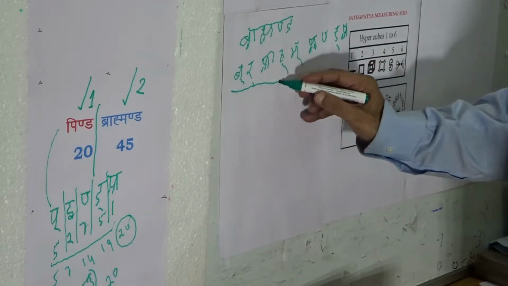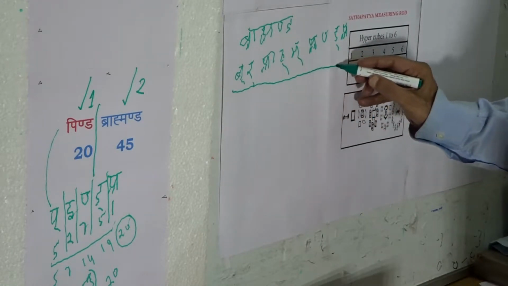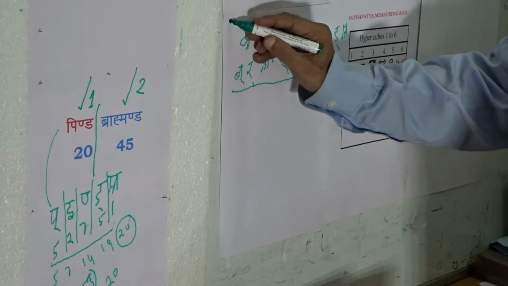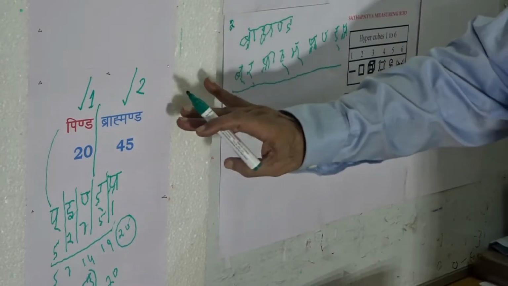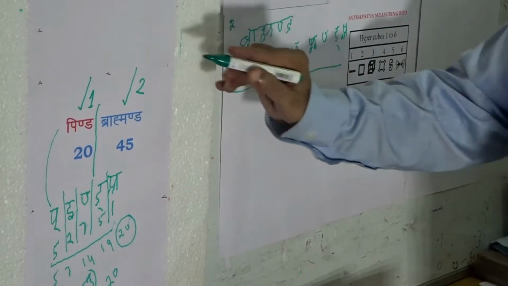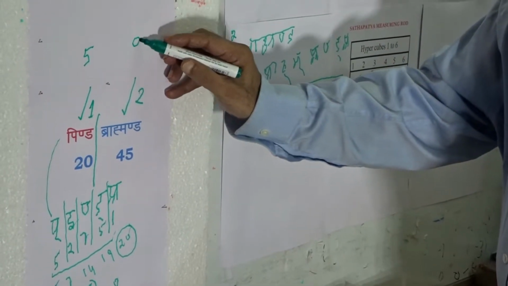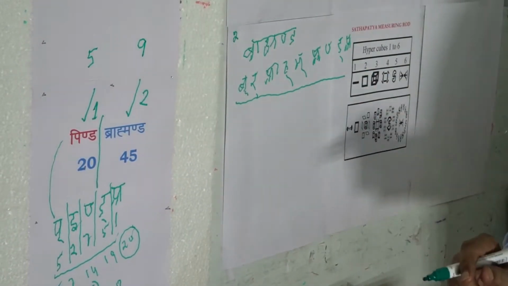This formulation is availing 9 letters. First formulation is availing 5 letters and the second formulation is availing 9 letters. So this is the 5 letters formulation and this is the 9 letters formulation.